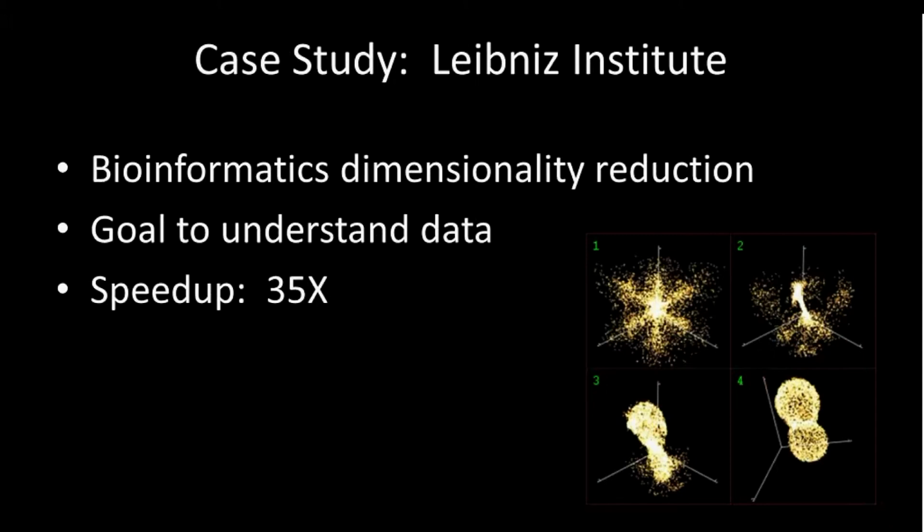In this one, you can see in the visualization that the data starts out as these scattered points, and that through the dimensionality reduction, you can achieve something that's more understandable and shows a general trend within the data. The speed up of doing this dimensionality reduction by using GPUs, Leibniz Institute hit 35x performance increase by using GPUs in Jacket over using regular CPU MATLAB code.